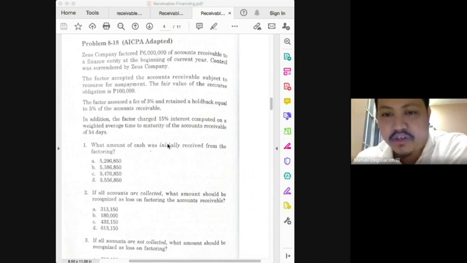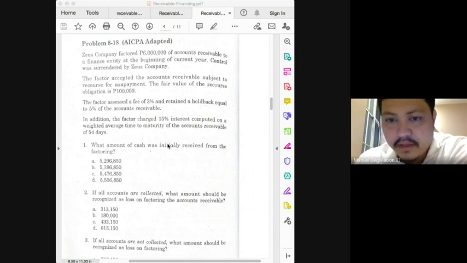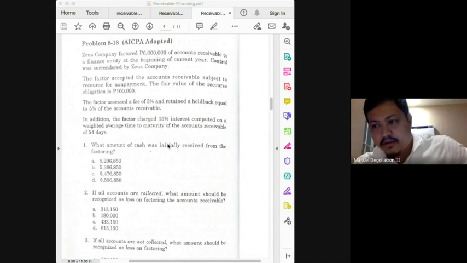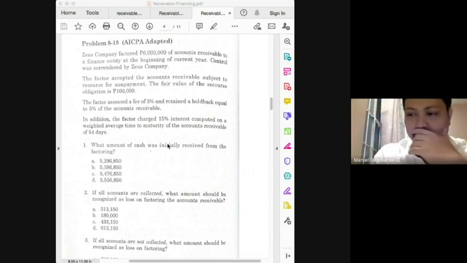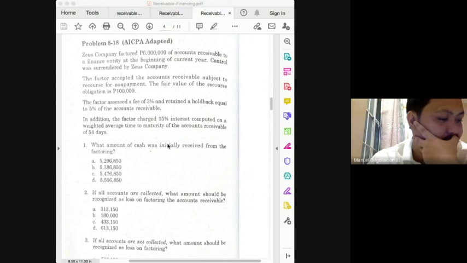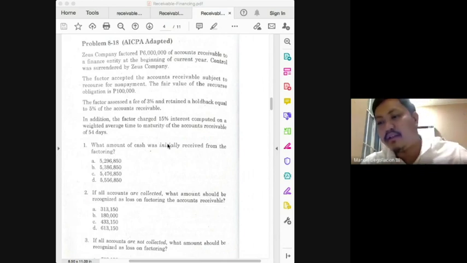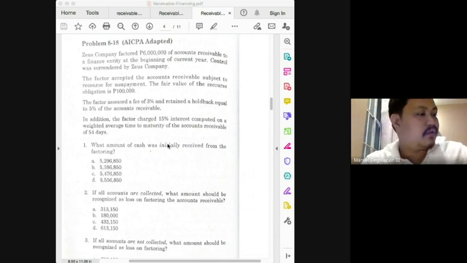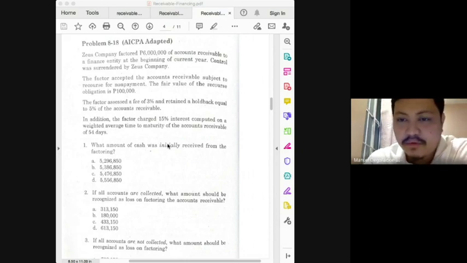That means the interest charge is 133,150 pesos, plus the 480,000. Total deductions would be 613,150. Deduct this from 6 million, we would get 5,386,850. So that will be the answer here.